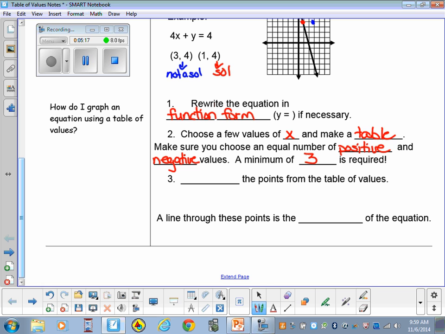But for a line, 3 is the minimum. And then just graph the points from the table of values. A line that passes through those points is the solution of the equation. It's also the graph of the equation, because there's an infinite number of solutions when you have two variables.